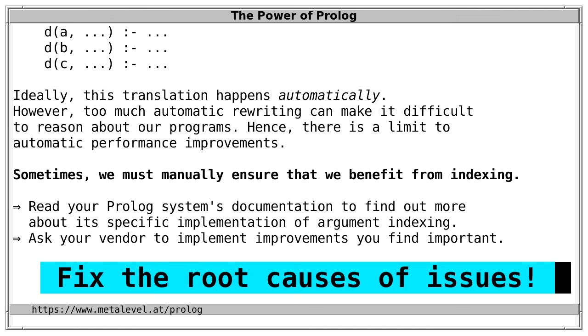So, for example, if you find that your programs could benefit from a better indexing scheme, then you should create a self-contained benchmark or test case and report it to your Prolog vendor, and suggest improvements to the Prolog system from which many others will also benefit.